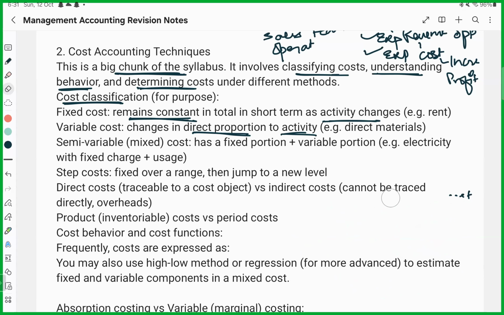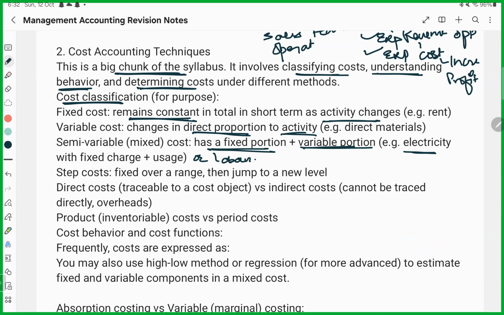Now, let's move on to the semi-variable cost. Semi-variable cost is nothing but a combination of a fixed proportion plus a variable proportion. The example can be electricity or labor. How can labor be an example of a semi-variable cost?